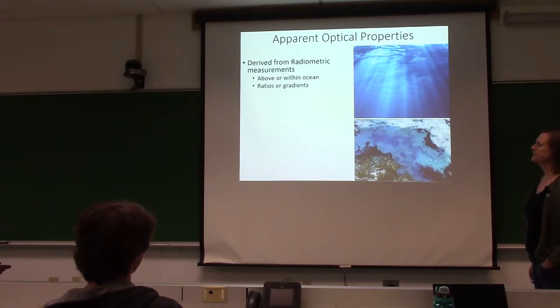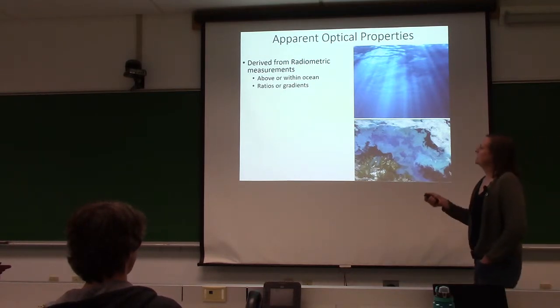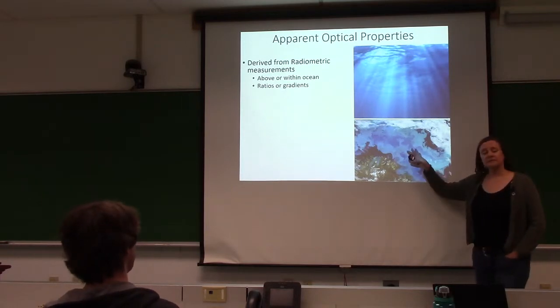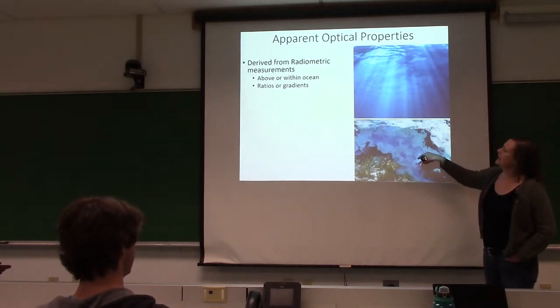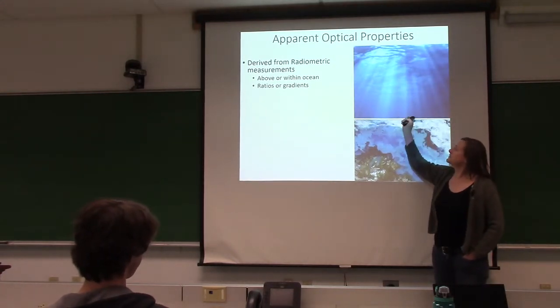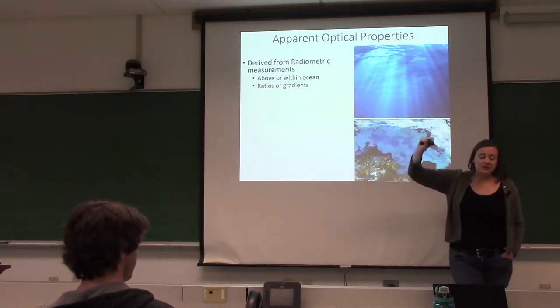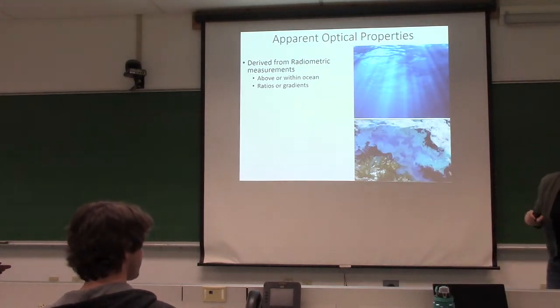So these are the ones that are derived from radiometric properties when we measure radiance and irradiance. They can be properties from above, like reflectance. They can be within the ocean, looking at how light disappears with depth. You calculate them from ratios of radiometric properties and gradients of radiometric properties.